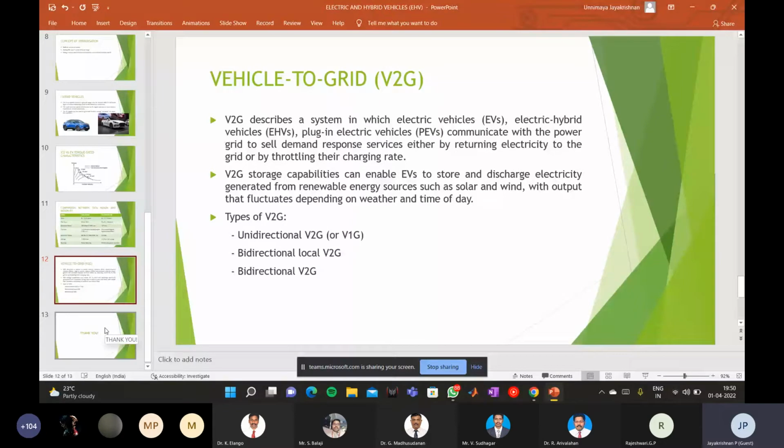So many promotions are there from the government and financial institutions, for our future generations and for the environment, to reduce global warming. I request everybody to switch over to EVs if we get a chance.